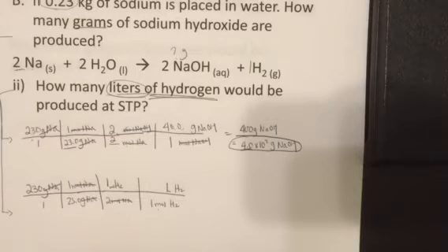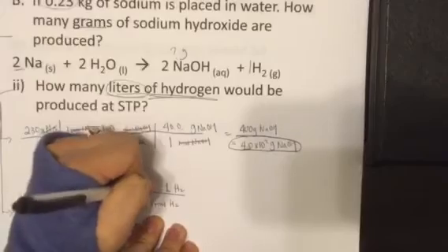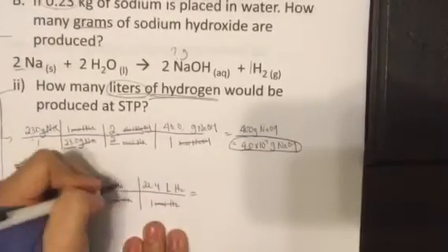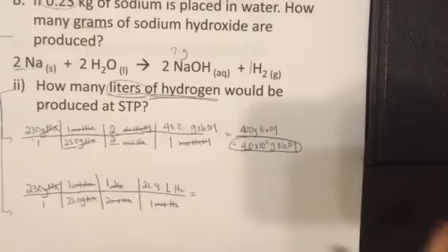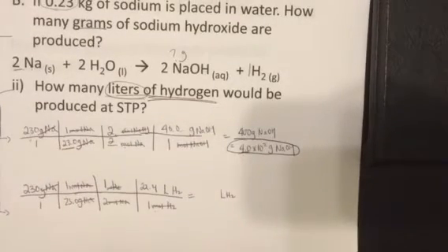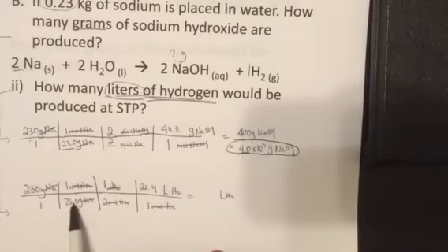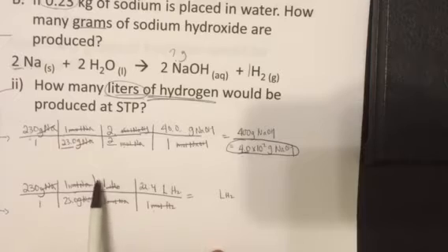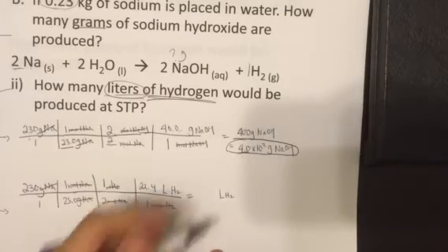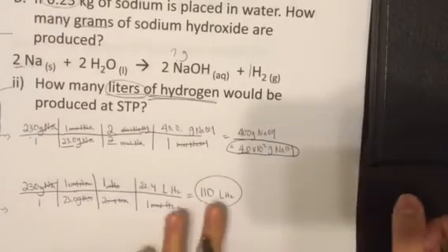So then I have to look at my conversion rate, and I say 1 mole is always going to give me 22.4. 1 mole cancel out. Only unit that's left over is liters of hydrogen gas. And so I know I'm on the right track. So I say, all right, this one divided by that one is 10. 10 times by half is 5. 5 times 22.4 would give me 110 liters of hydrogen gas.